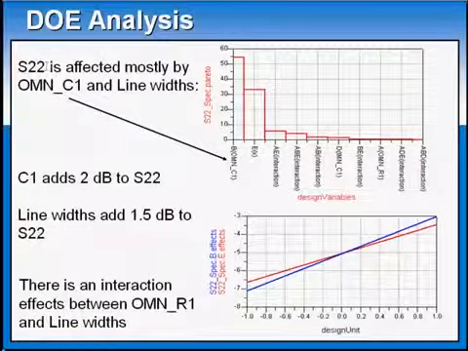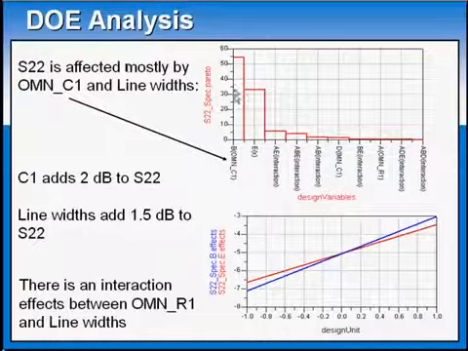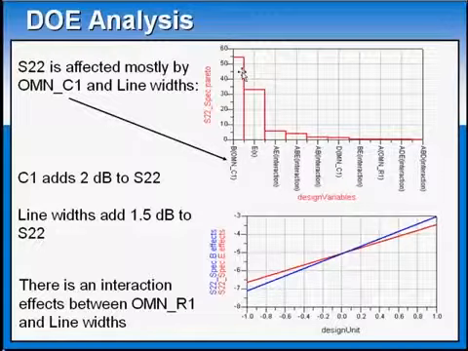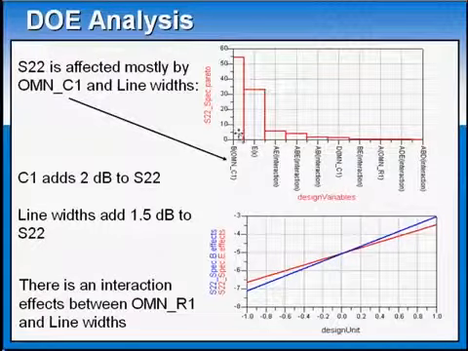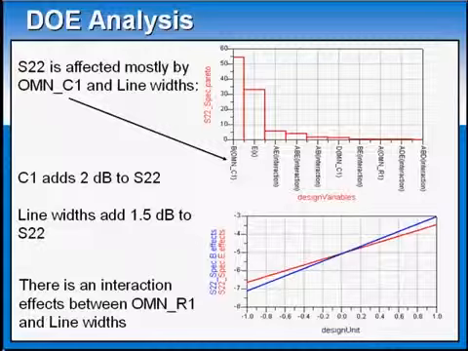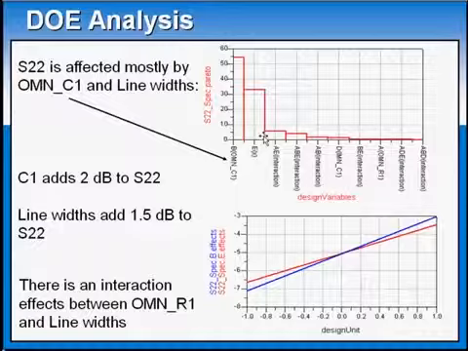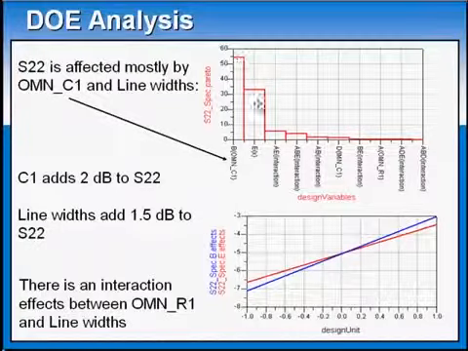For example, this is telling me my S22 spec, which is the y-axis here, the output matching S22, is affected mostly, like 55% of the variation in S22, by the output matching network capacitor C1, followed by 35% of the variation by the width of the line, which is represented by EX here.